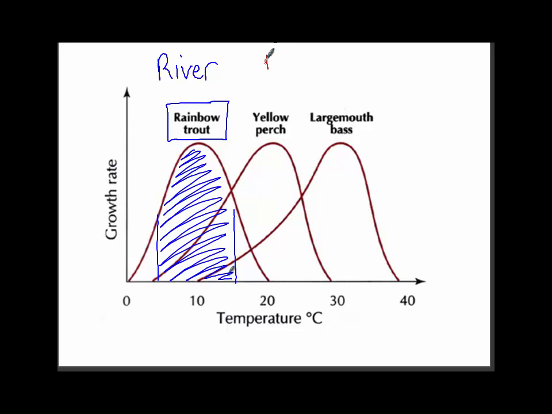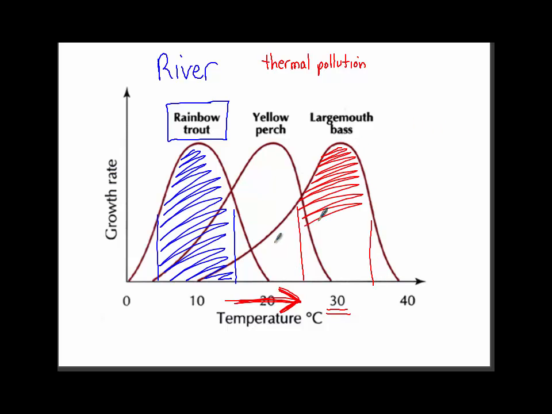So what we have here is thermal pollution. Water that is now hot is being re-entered into the ecosystem, in this case the river, and it's causing the temperature of the river to go up, and now we see it's in the 30 range, which is outside of the zone of tolerance.